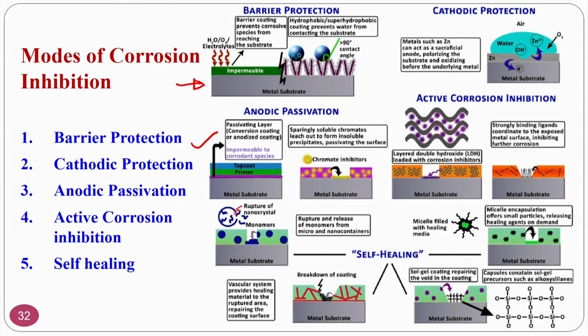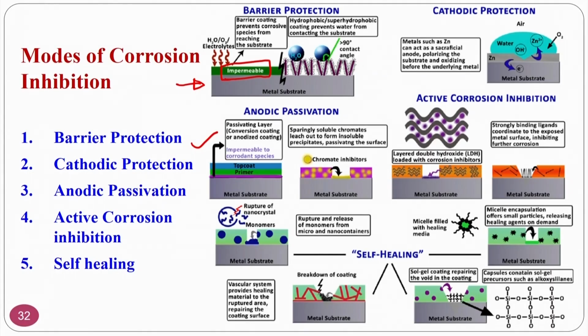Barrier protection is, on a metal substrate, you put a barrier coating. You can have this impermeable coating on top of it, so that whenever the water molecule comes in contact with the metal substrate, it cannot.